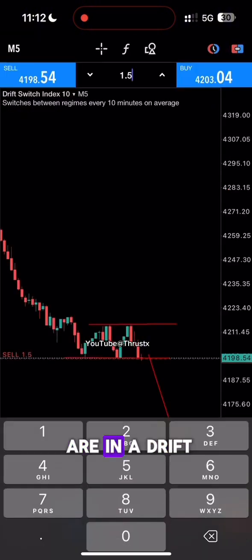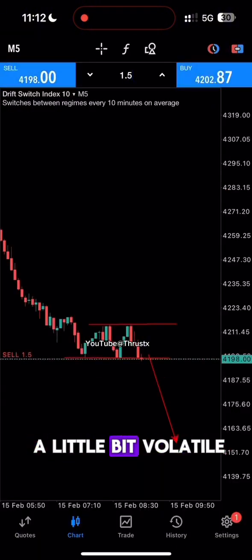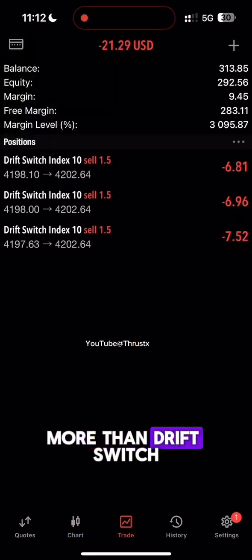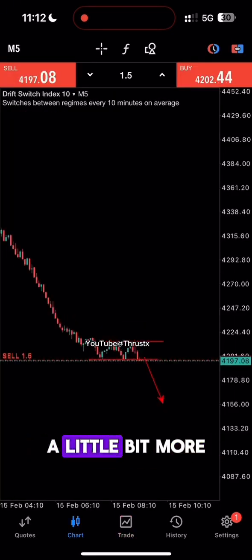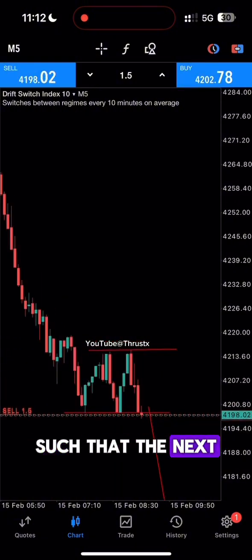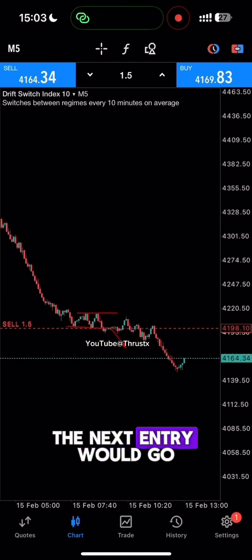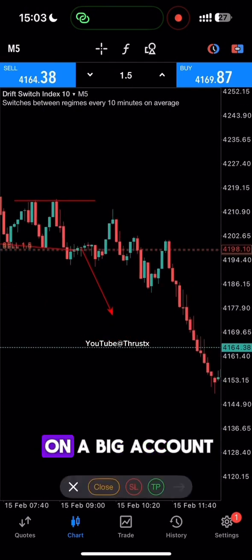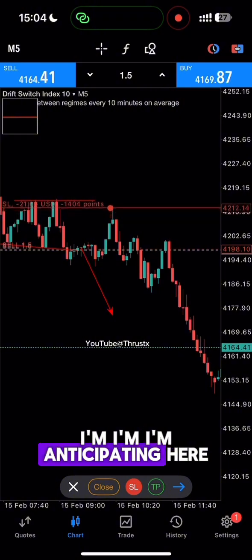So from here we are in Drift Switch Index 10. Drift Switch Index 10 is a little bit more volatile than Drift Switch Index 100. So here I placed a little bit more positions such that the next entry would go even firmer on a big account. That is what I'm anticipating here.